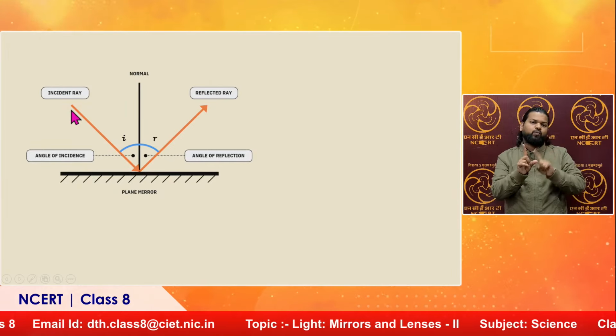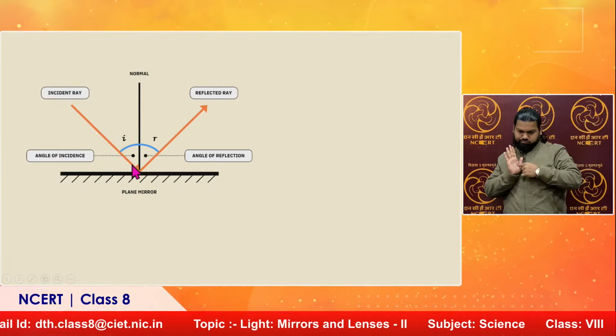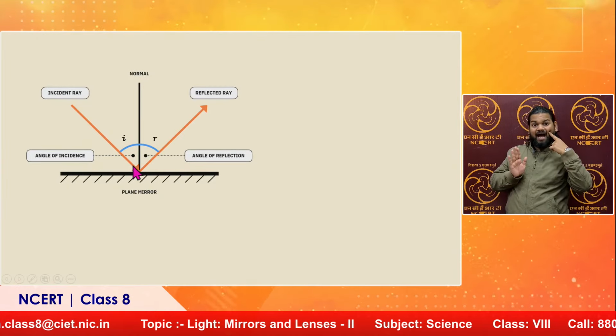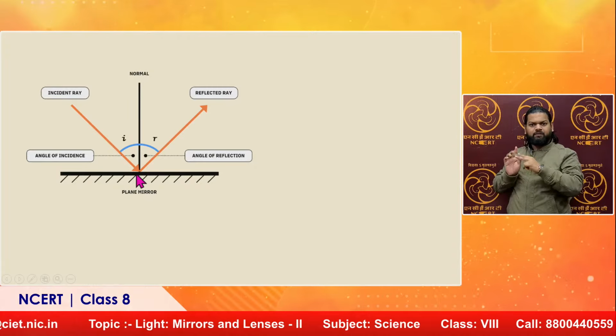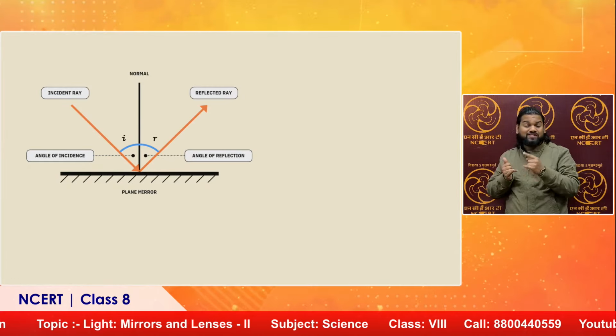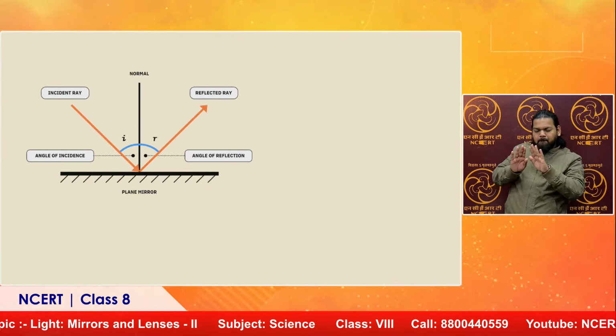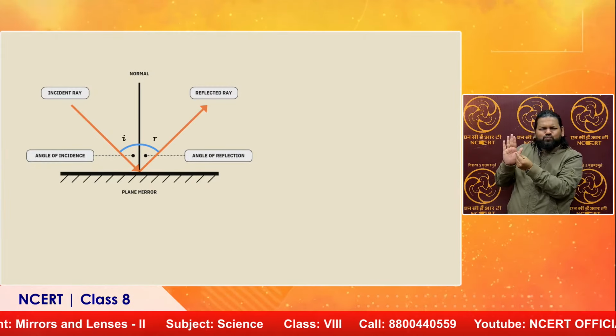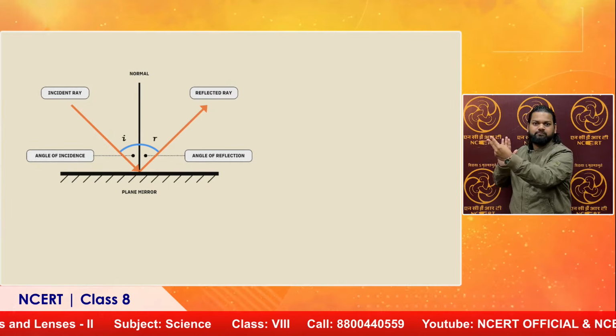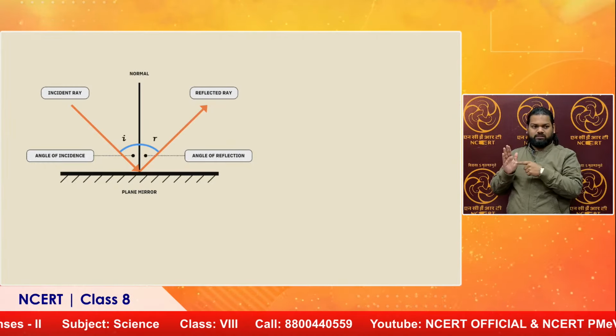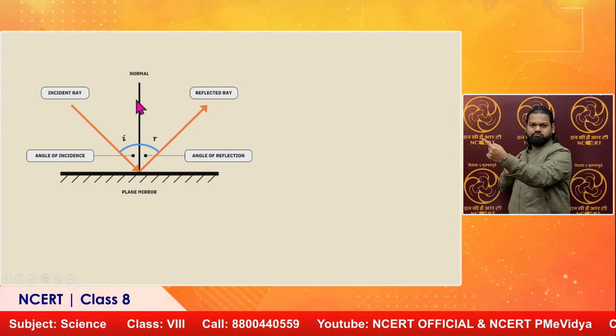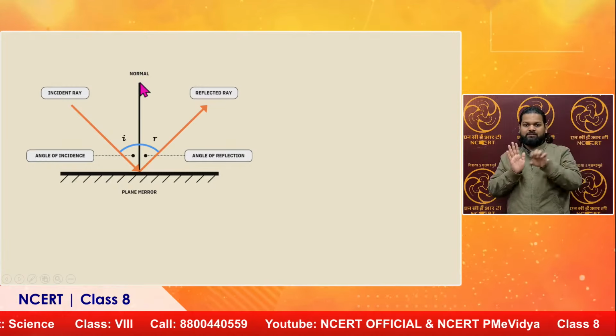Incident ray is the one that comes from the source and hits the mirror. Because our mirror is shiny, the surface is shiny and smooth, it gets reflected, and on reflection it moves in the other direction. Then we have one more ray that is called the normal.